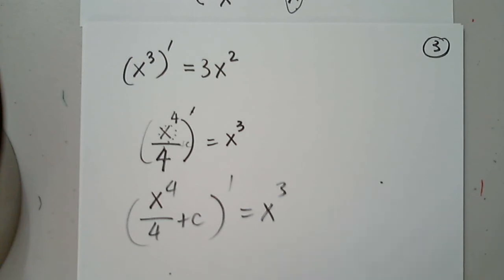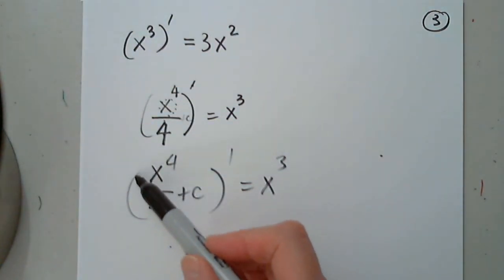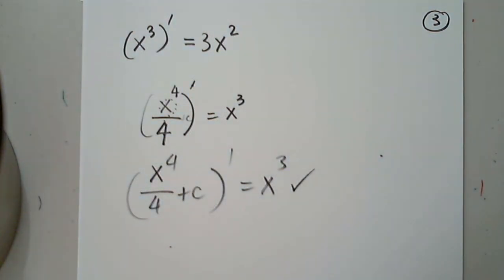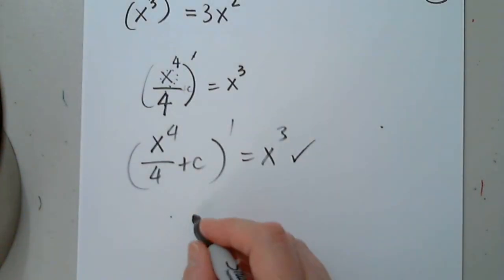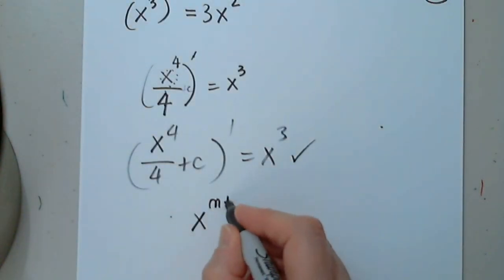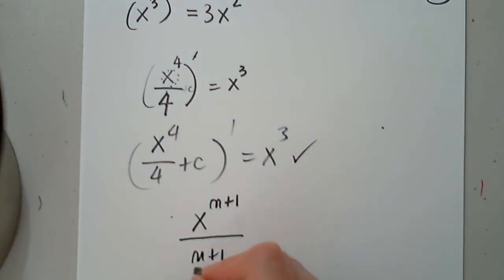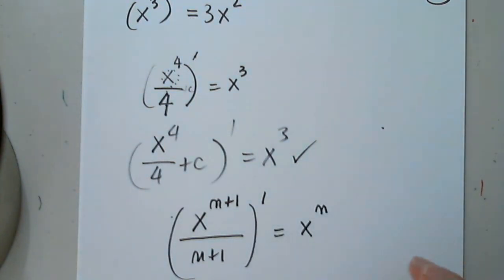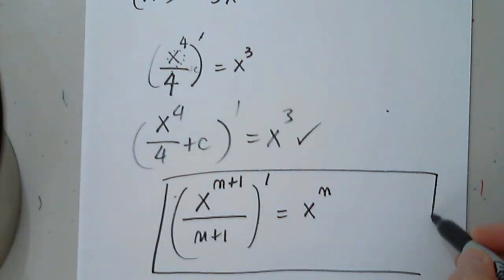So is it true? Yes. Simplify the 4, subtract 1 from the power, x cubed. So the formula is x to the n plus 1 over the same number. Prime will give us x to the nth power. Power rule.